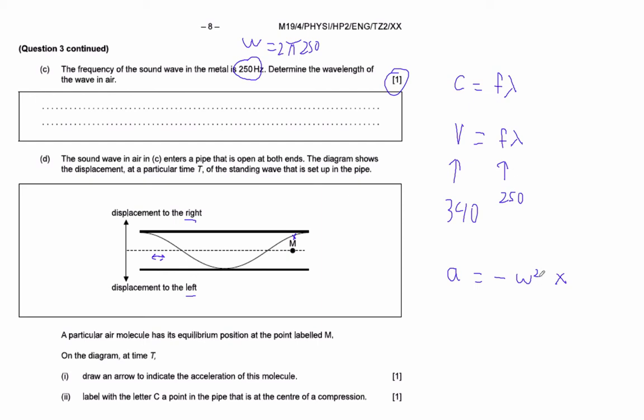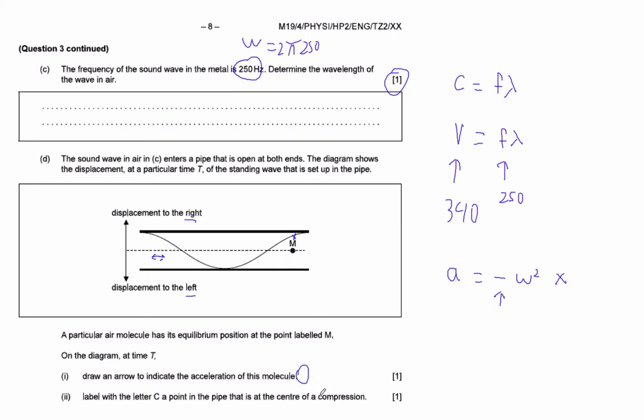Understand that the acceleration is opposite the direction of displacement. So if you're displaced to the right, you will accelerate to the left. So draw an arrow, either right or left, if you want to get it right.